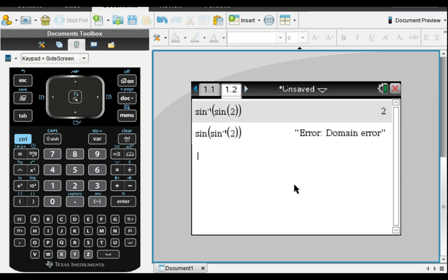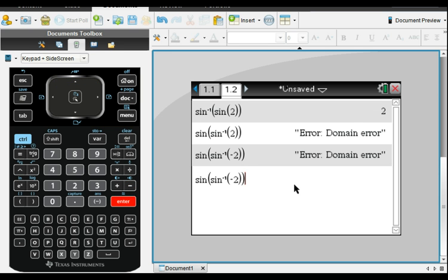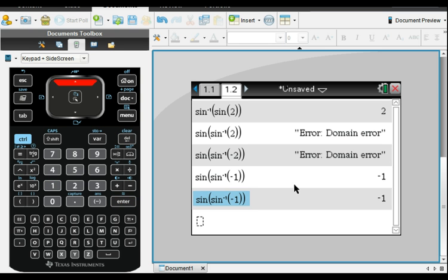Could I do something else? Is this always going to give me a domain error? Let's try -2. Oh, domain error. Okay. Let's try -1. I got -1. Let's try +1. Let's try 0.